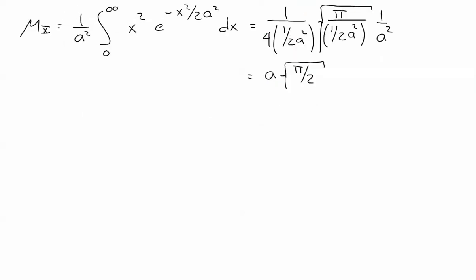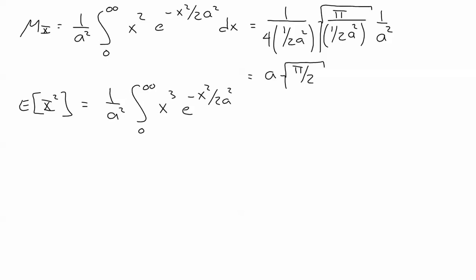All right, back to our story. Let's find the mean squared value, also known as the normalized power or RMS squared value. This is 1 over a squared, integral from 0 to infinity, x cubed e to the minus x squared over 2a squared dx.